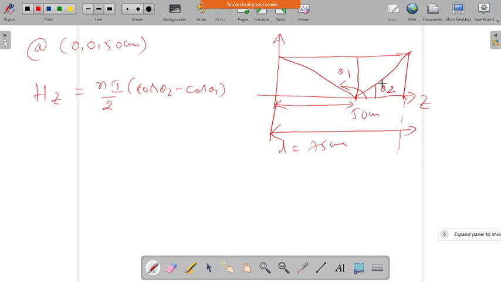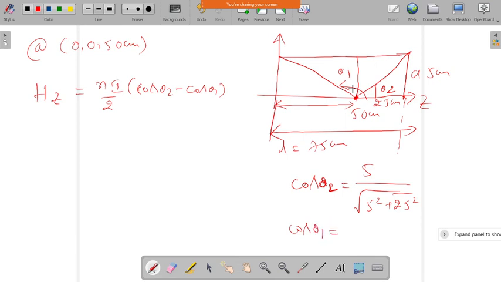So now we can find out what is theta 2. So here A, and this will be having 25 centimeter. So cos theta 2 will be equal to, so A is 5 centimeter, so cos theta 2 is nothing but 5 by square root of 5 square plus 25 square. So at this point, similarly cos theta 1 you can find out. So what is cos theta 1?